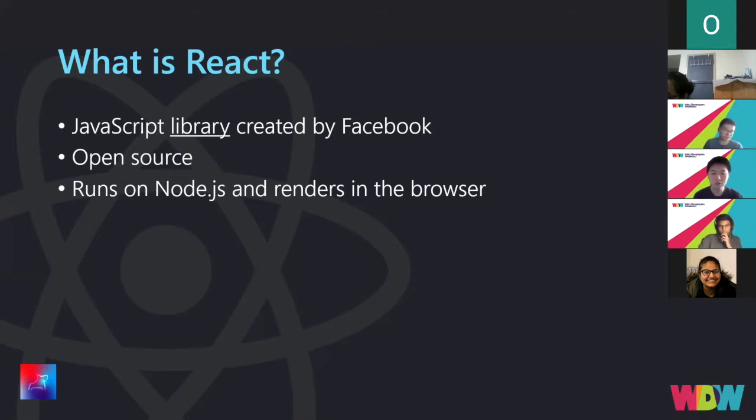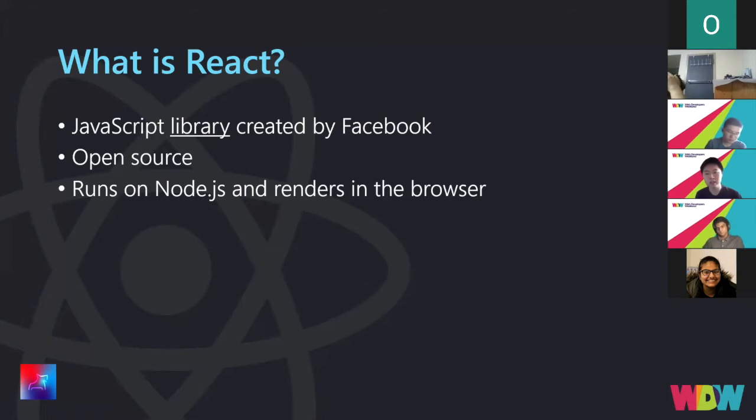The language that we're using is JavaScript, and it was released in 2013 to the public as an open source project. And what that means is anyone can contribute to the code, can view the code, suggest features and bug fixes. In addition, React runs on Node.js and renders in the browser.